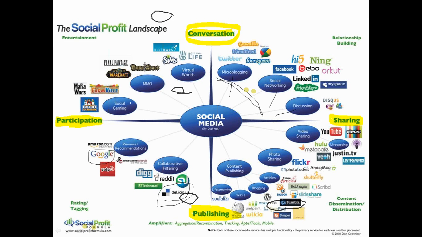And then when you come to social gaming, Farmville is one of the Facebook applications that used to be very, very popular. And then, of course, we'll look at Second Life as in the case of a virtual world.